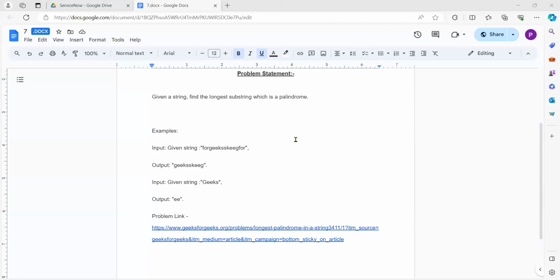Okay, so you will compare all the substrings. If they are palindrome, you will get some length and you will keep on comparing the length. If you find a substring with greater length, you will update your maximum length till now and get that substring as longest.